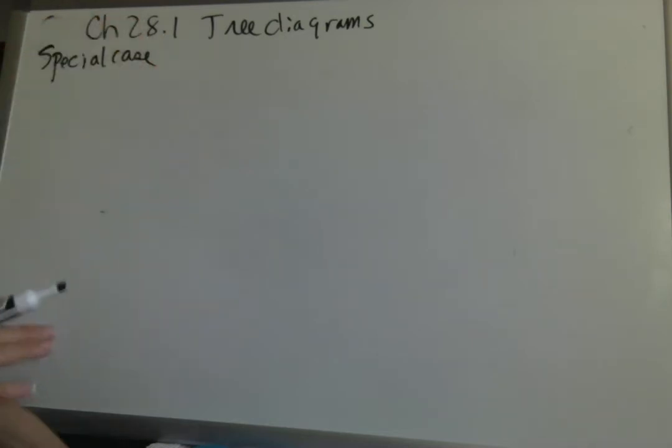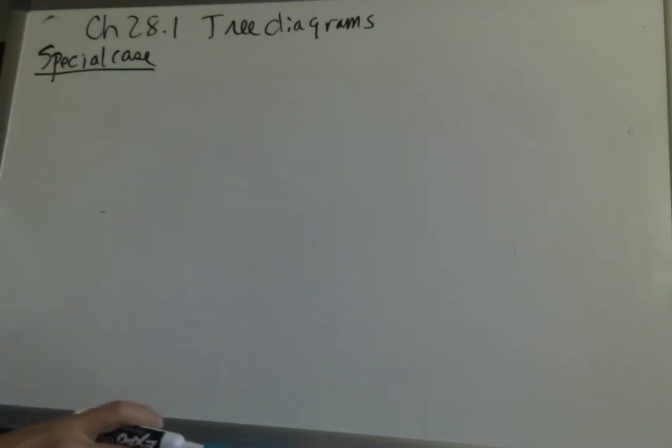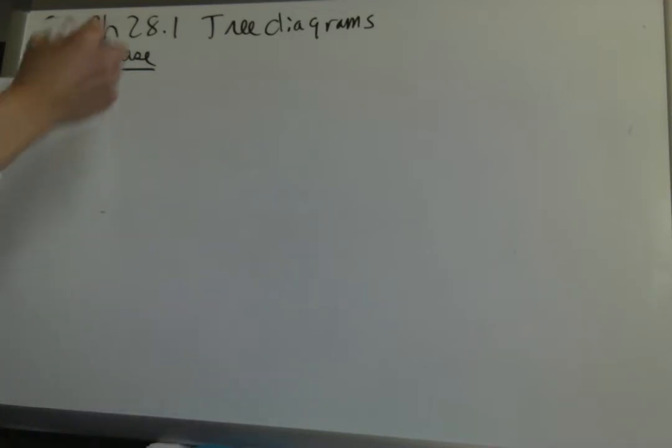So I'm kind of starting at the youngest level right now. The very special case. This does not apply to all problems, but when we're teaching younger kids, we won't do the hard problems. We'll do the easier problems, right?